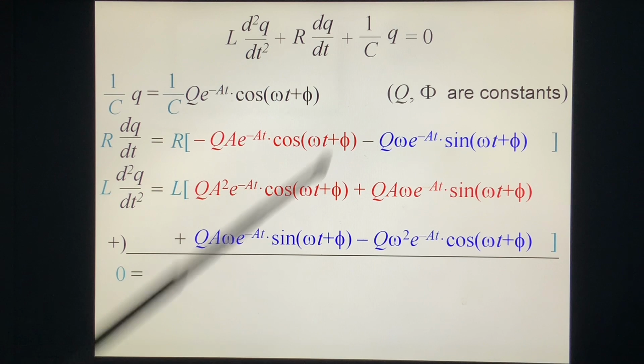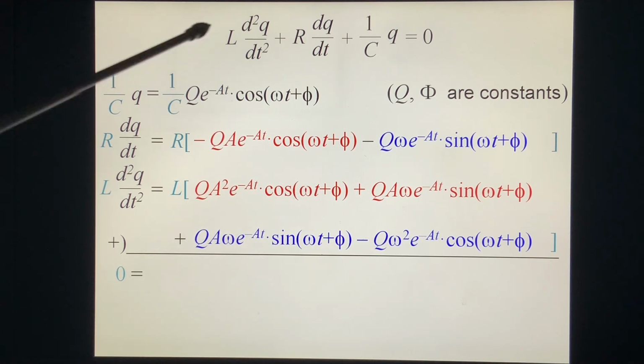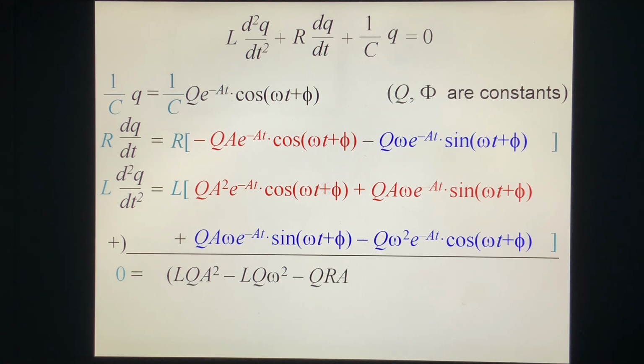Now, this must be 0. We see a lot of cosine and sine, and we get the cosine together, sine together. I'm not going to do it. Let's see this one.